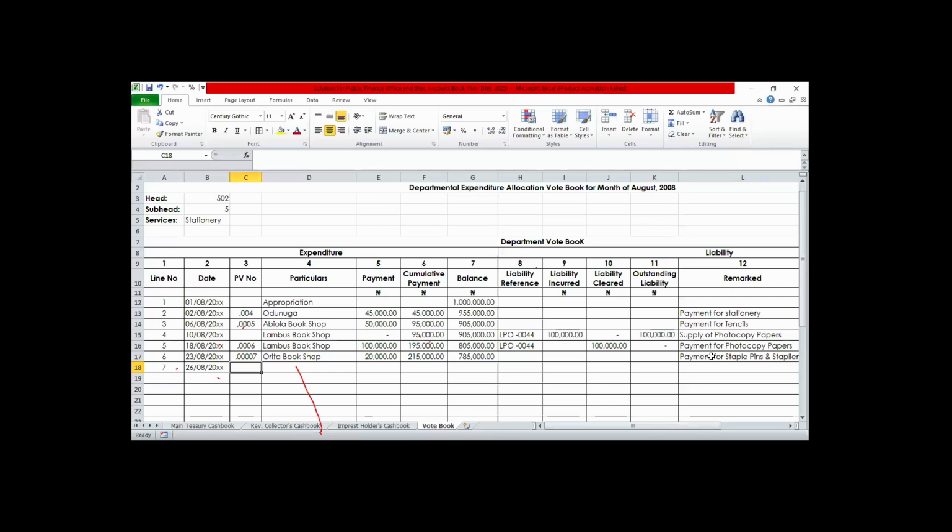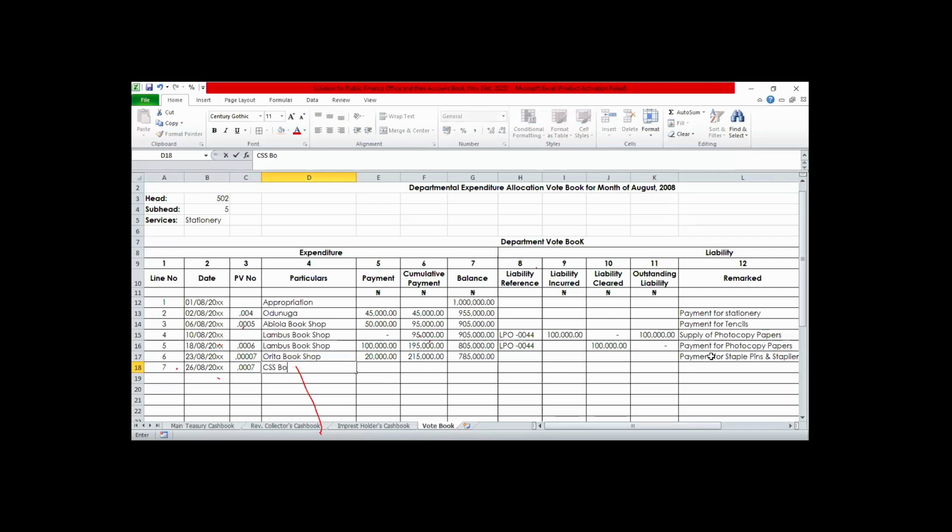They raised a payment voucher, abi? What was the PV number? 0007. Who do we make the payment to? CSS Bookshop.